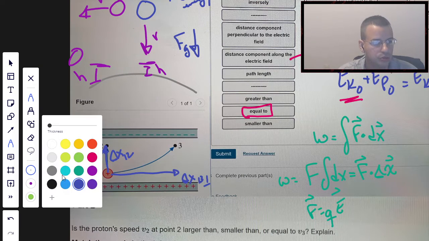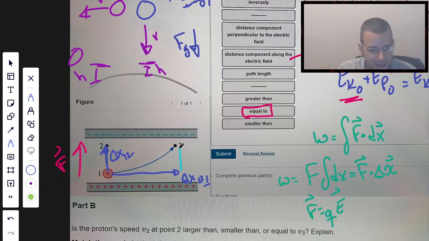Perpendicular to the force. And this is going to be delta x 1, 3 parallel to the force. Because of how dot products work, that part is 0. The perpendicular does not play any role in providing change in potential energy.